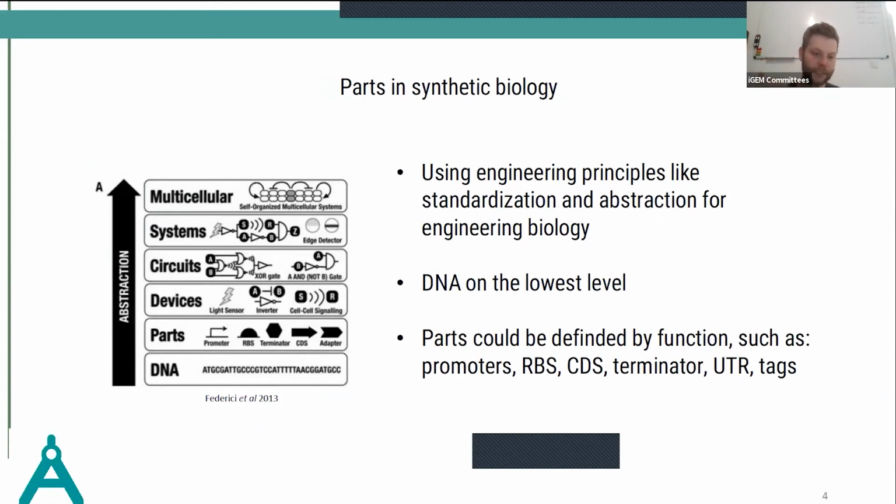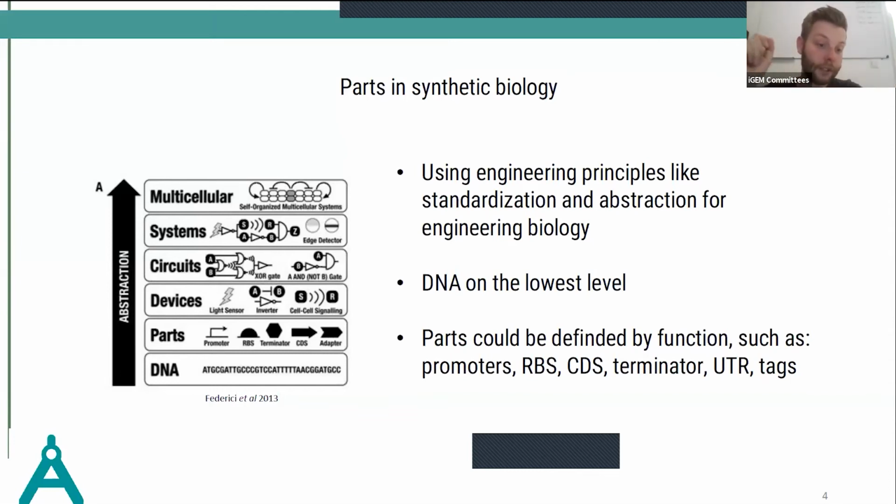DNA is the lowest level of abstraction, and you could call systems or multicellular organization the highest level of abstraction. This is exactly what synthetic biology tries to get from these engineering principles: to have standardized parts and use abstraction to make the engineering process easier.